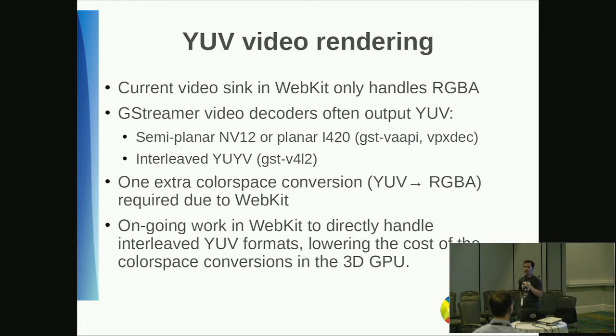So we decided to add interleaved YUV support in WebKit so that we can reduce a bit the number of color space conversions. And on i.MX8M, the cost of doing that conversion is a bit similar, I think, to what's done for RGBA, so it's still a gain for us. There are a few regressions related to that in WebKit. We are polishing a few things, but it's already working well.